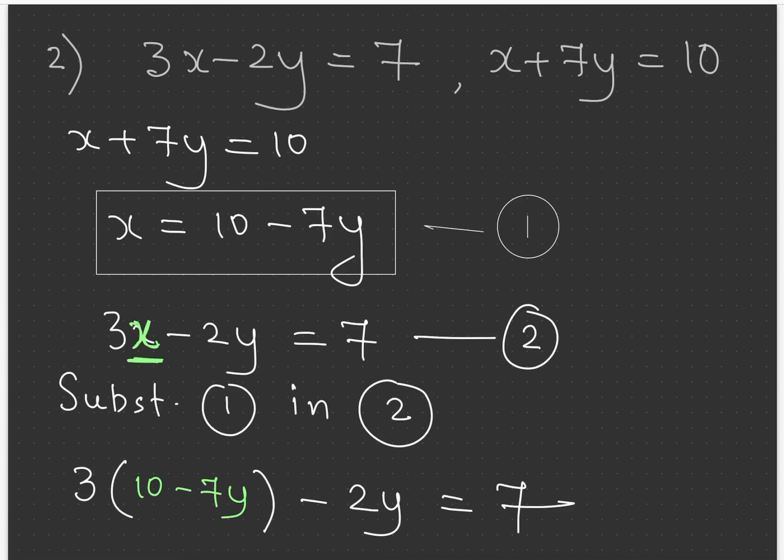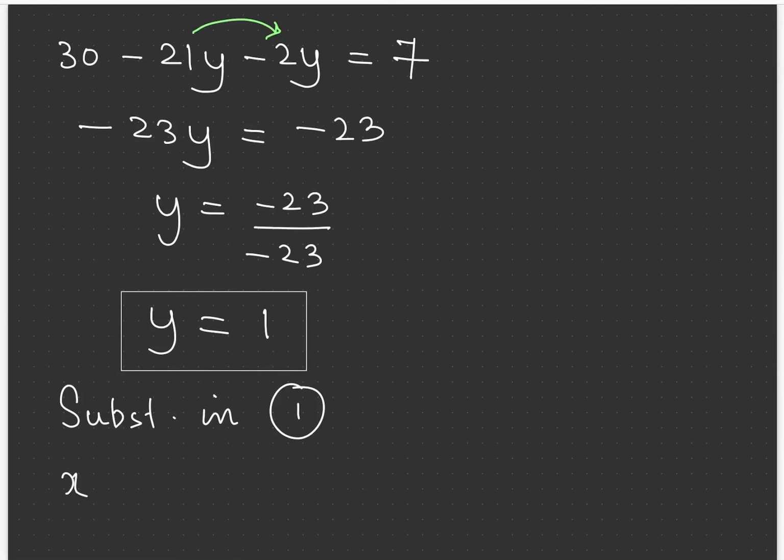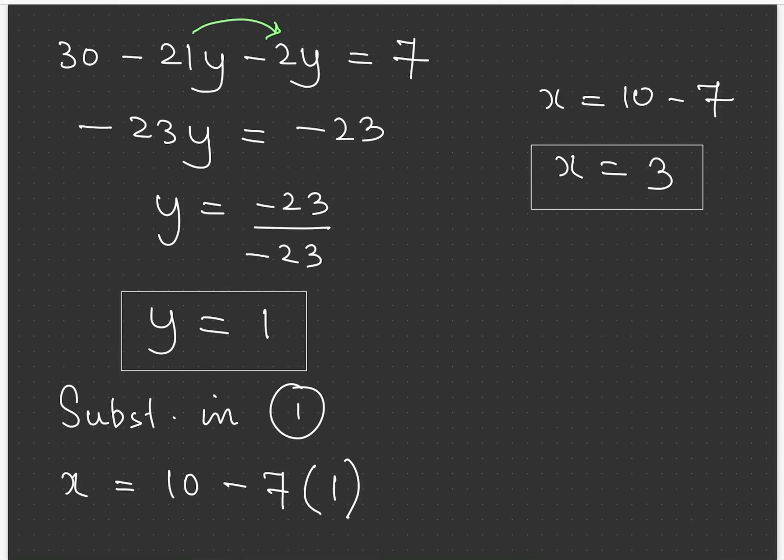So put this y value in equation 1. What was equation 1? x is equal to 10 minus 7 into y. Y is 1, right? So when you solve this, you get x is equal to 10 minus 7 ones are 7. So x is equal to 3, right? So these are your answers there. You got y equal to 1 and x is equal to 3.